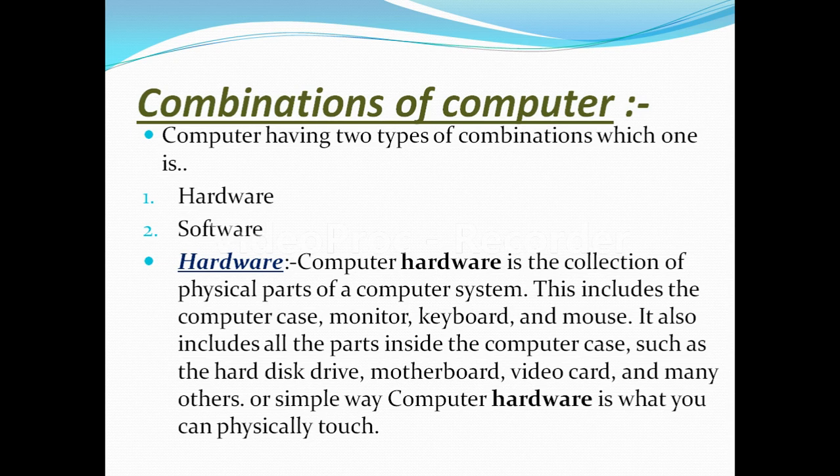This includes the computer case, monitor, keyboard and mouse. It also includes all the parts inside the computer case, such as the hard disk drive, motherboard, video card and many others. In a simple way, computer hardware is what you can physically touch.